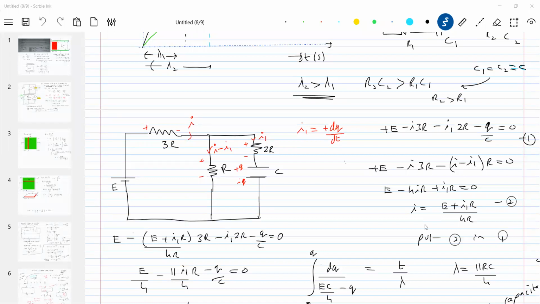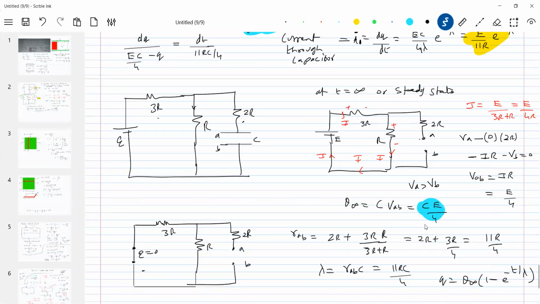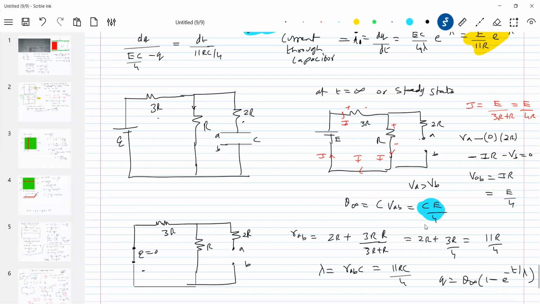This was Q equals CE by 4. So directly you can write that equation. How to find the steady state charge? Find the drop across the capacitor after a long time. After a long time, replace the capacitor with an open circuit, then calculate VAB. Then how to calculate the resistance? The net resistance as seen by the capacitor.